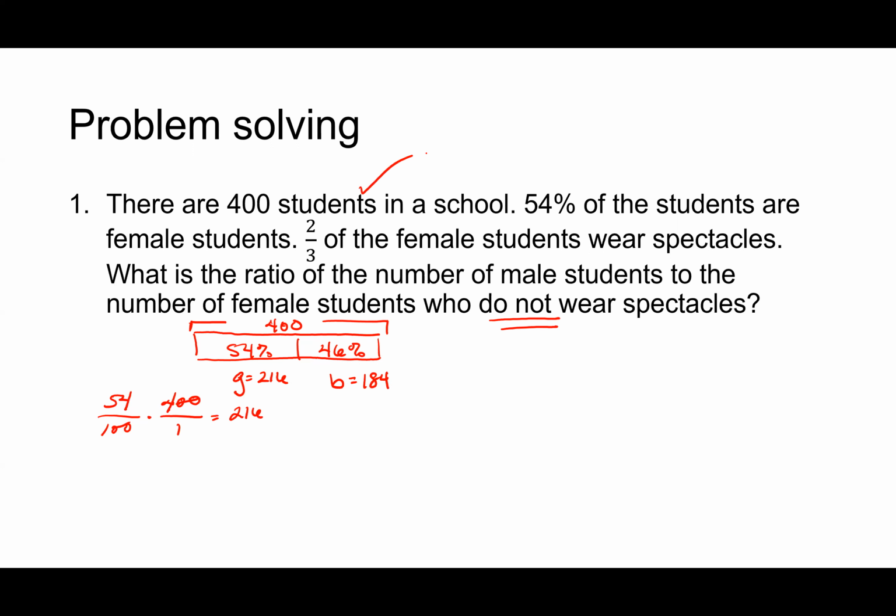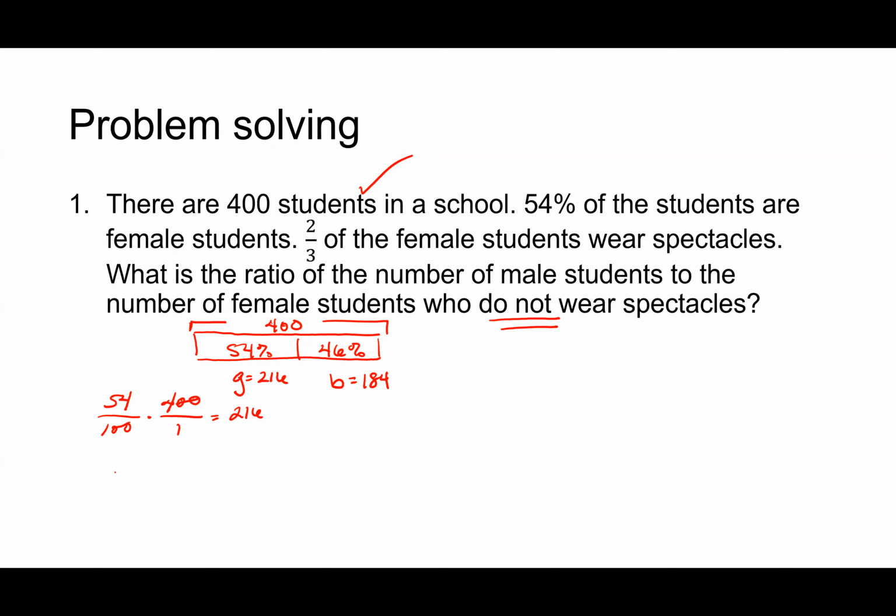Now it says 2/3 of the females wear spectacles. What is the ratio of the number of male students to the number of female students who do not wear spectacles? Do I actually care about how many girls actually wear glasses? No, I want to know how many girls don't wear glasses. So if 2/3 of the girls wear spectacles, how many thirds of the girls do not wear glasses?